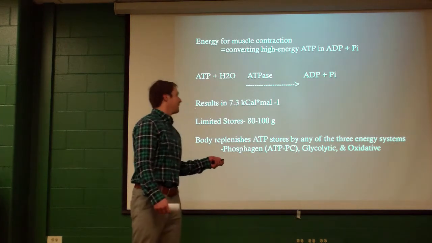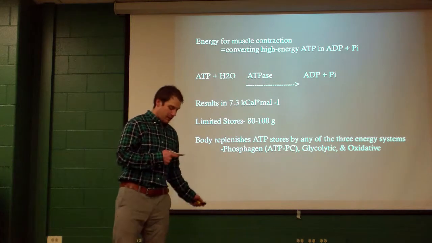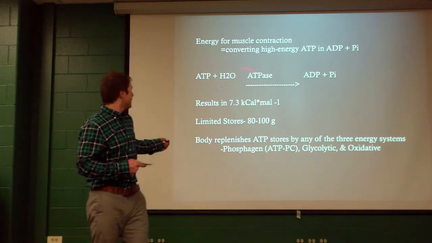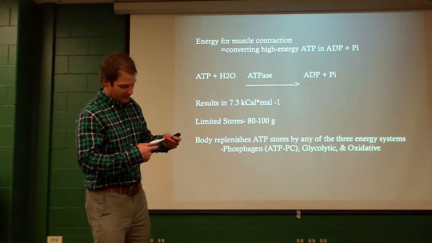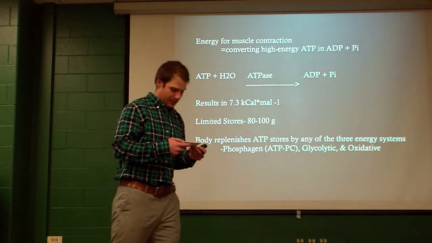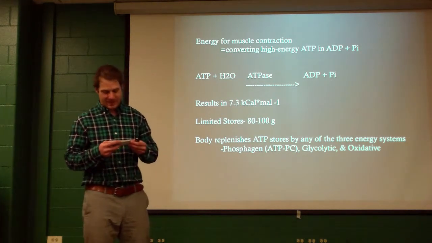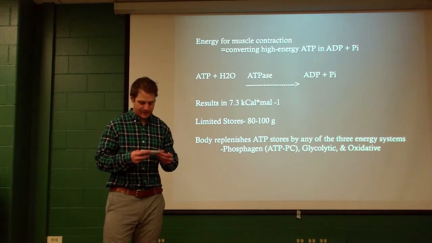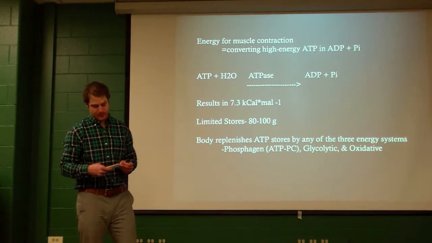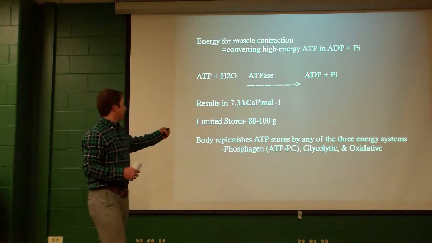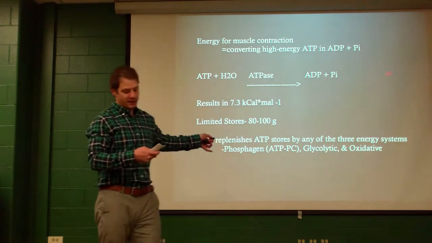Okay, and so how do we get energy from ATP? As one phosphate bond is broken, ATP coupled with H2O, an enzymatic reaction, in this equation ATP is split, forming ADP plus Pi.